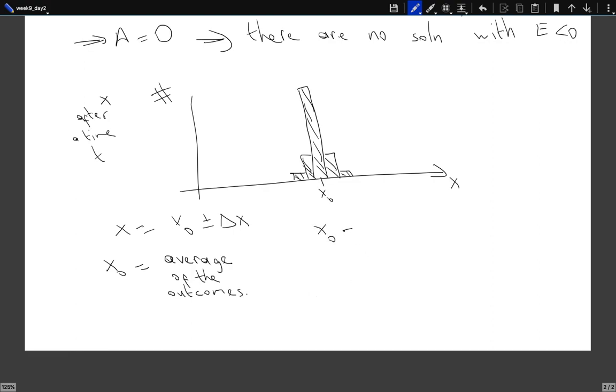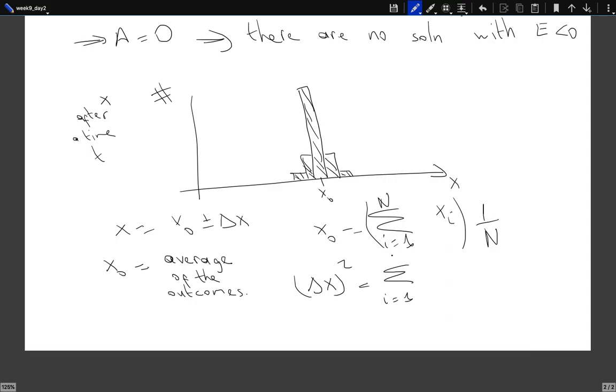So how do you define x0? x0 is the sum of the outcomes, the ith outcome, from 1 to n, and if you make n measurements, you divide by n. This is the average value. And then delta x squared will be the sum, again from 1 to n, of the deviation from the average squared, and then you again divide by n. This is how we would define, even in classical physics, the average and the deviation.